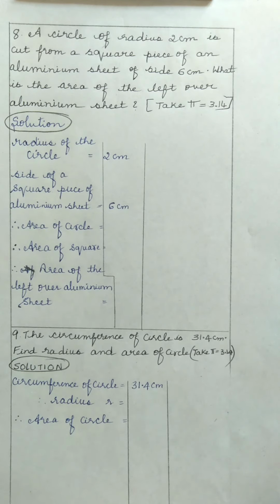After the circle has been cut, we have to calculate the area of the leftover aluminium sheet. From the aluminium sheet, when a circle has been taken out, there will still be aluminium sheet remaining. Now we need to find the area of the leftover aluminium sheet.